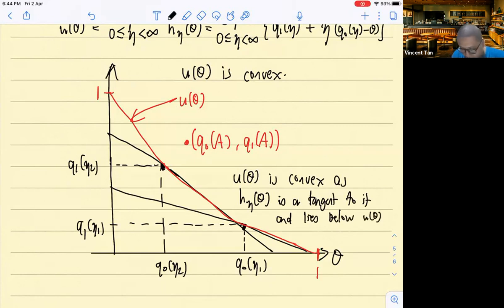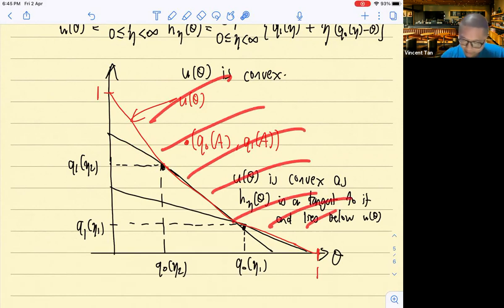The way I've drawn it is not very nice, but for example here I have the u curve, and this line here is a tangent to it at this particular point. So all other tests must lie here.